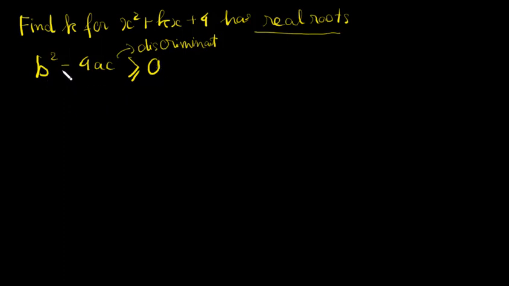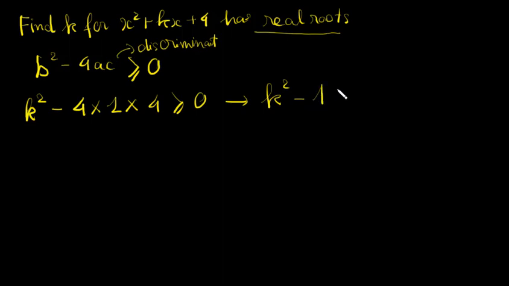b squared minus 4ac. In here, b squared is k squared, minus 4 times 1, which is a, times c, which is 4, greater than or equal to 0. So k squared minus 16 is greater than or equal to 0, so k squared is greater than or equal to 16. We know that k will be greater than or equal to 4.